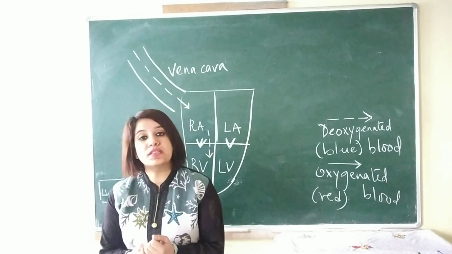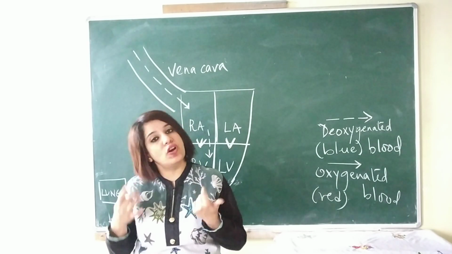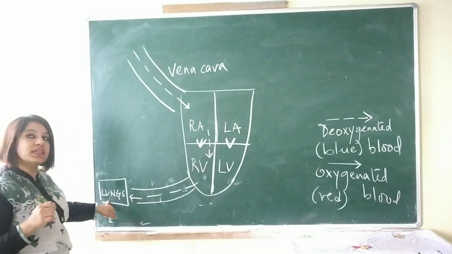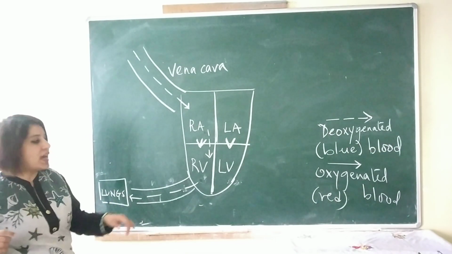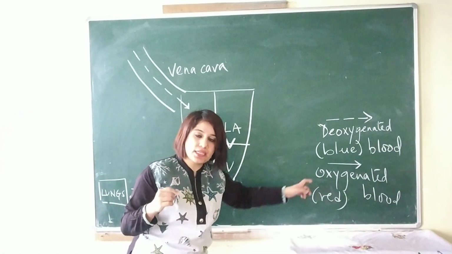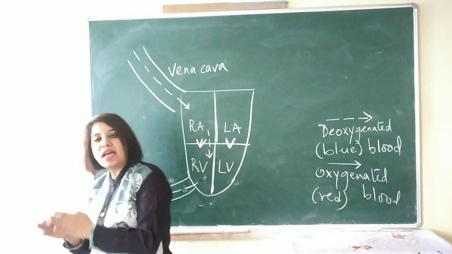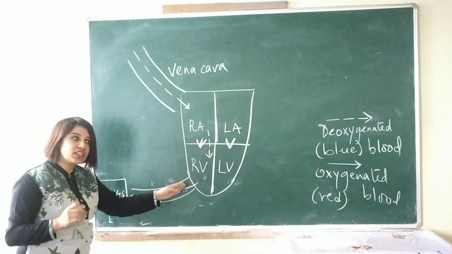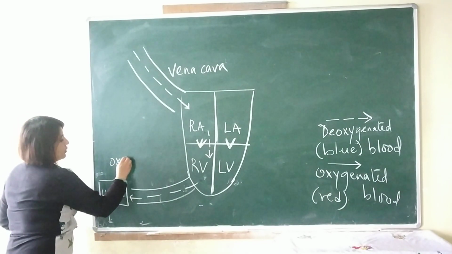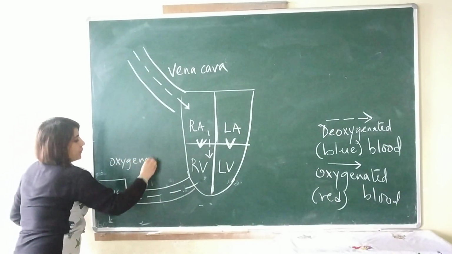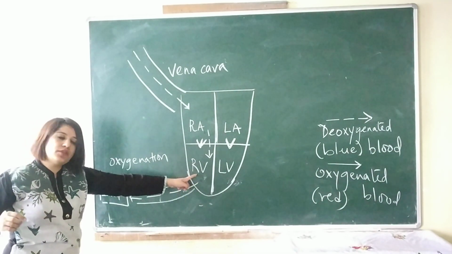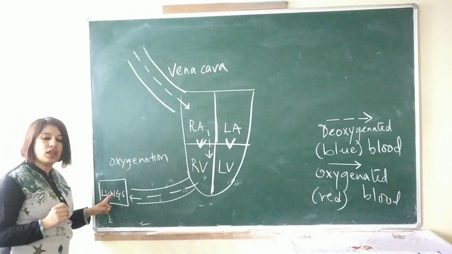That means the lungs contain a huge amount of oxygen. So, the deoxygenated blood is sent to the lungs so that it becomes oxygenated. The carbon dioxide is removed and oxygen is added. So, for oxygenation, the deoxygenated blood is sent from the right ventricle to the lungs.